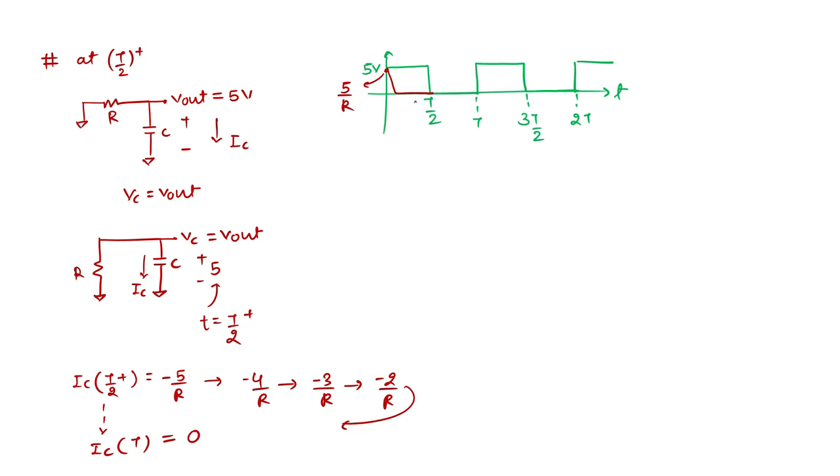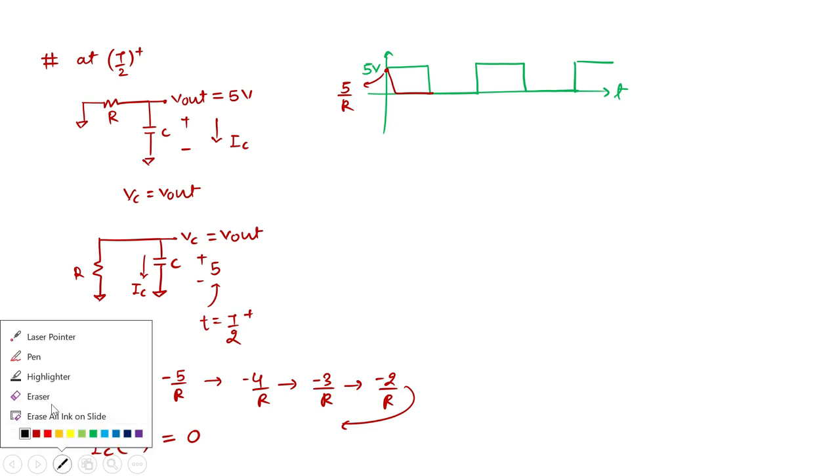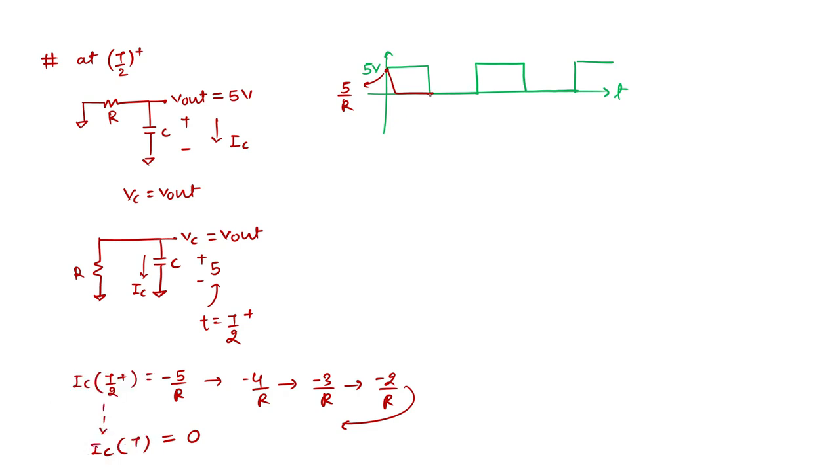So at T by 2, what is happening? Here it is reaching minus 5 by R, then again to 0, again to 5 by R, again to 0, minus 5 by R to 0, again to plus 5 by R and to 0.